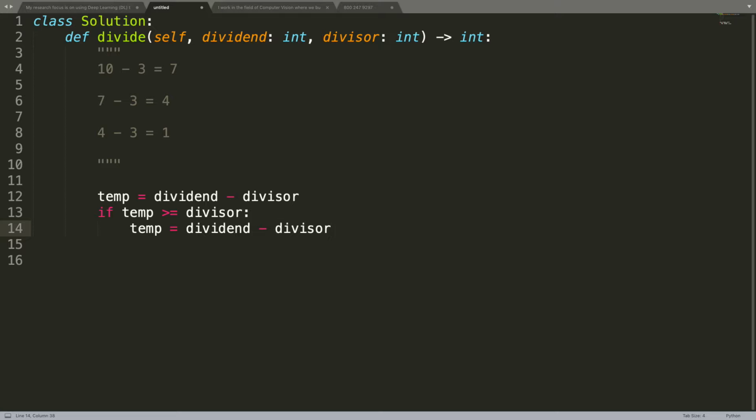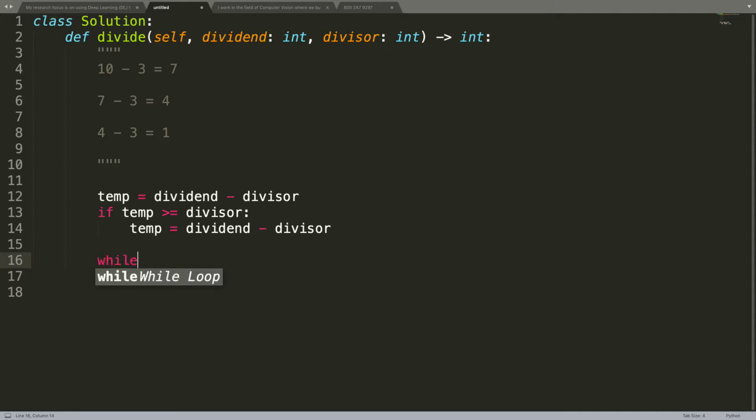I'm trying to think what will work best. Can I do a while loop? Because I don't know the number of times I will have to go, I will need some kind of while loop.